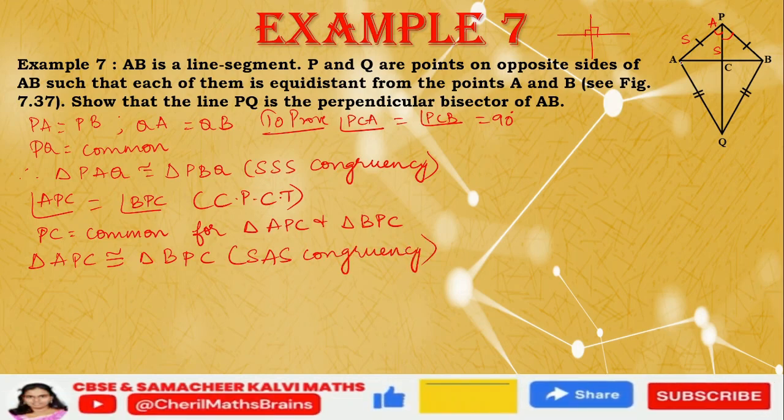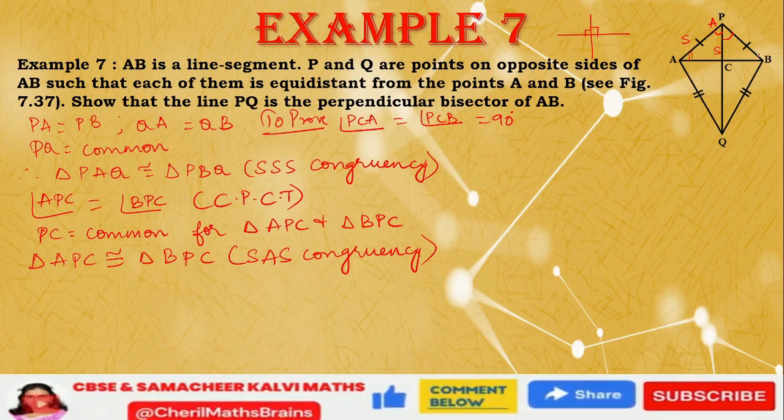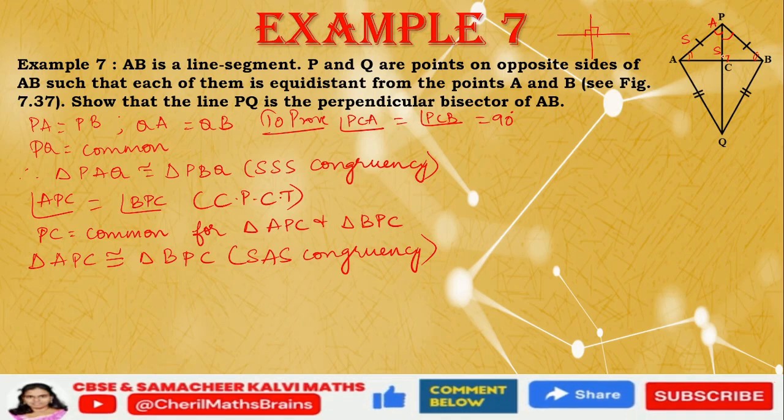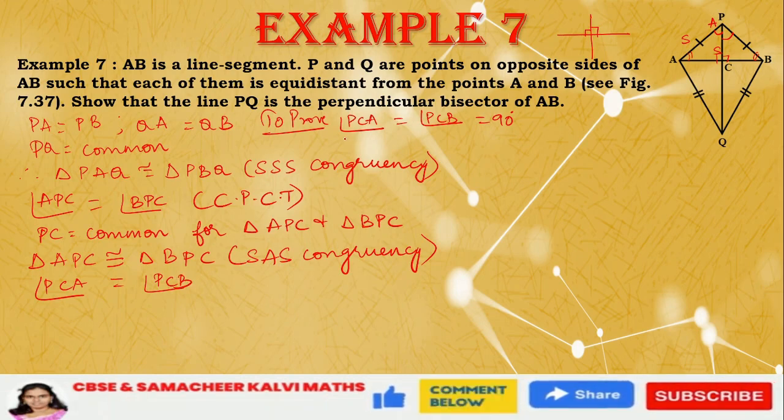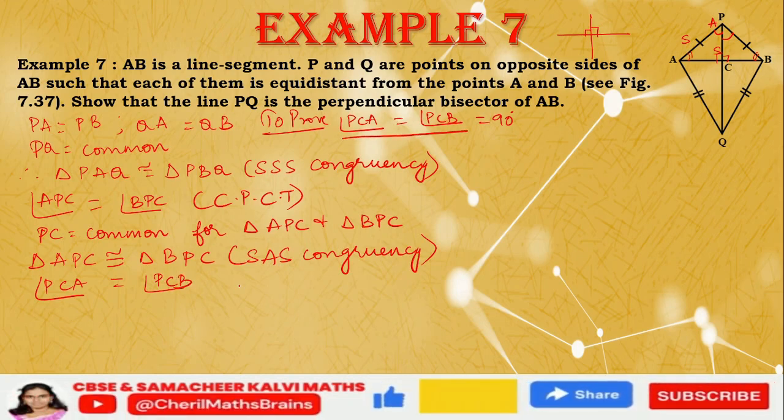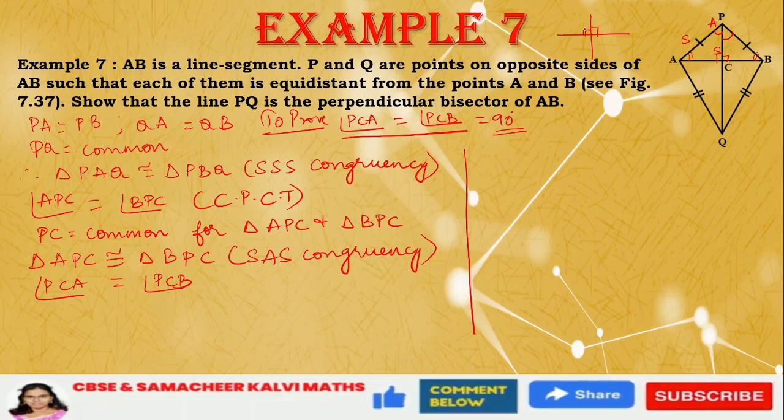If these two triangles are congruent, automatically these two angles will also be equal, and even these two angles will be equal. So I can say angle PCA is equal to angle PCB. Look at what we need to prove. This we have done, but we need to prove that this is also equal to 90 degrees. Again, look at these two angles, children.